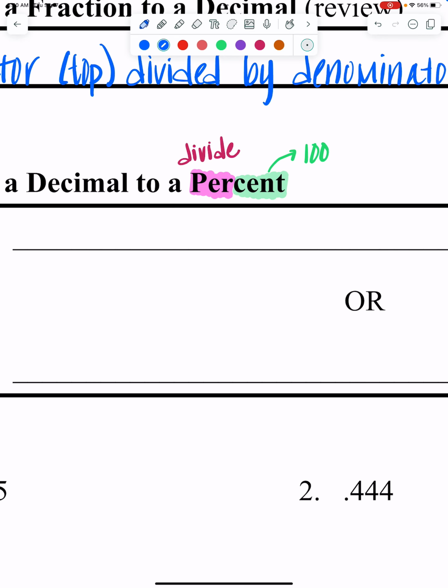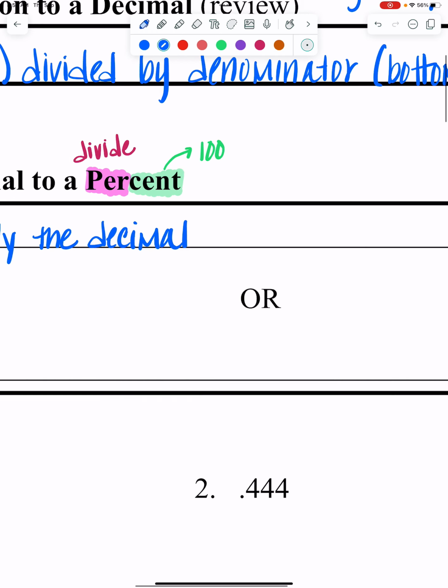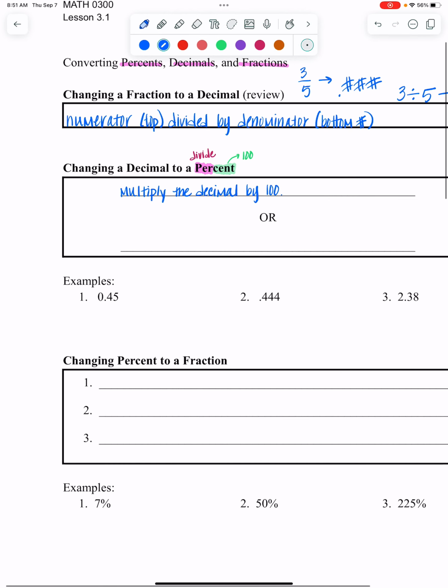Your first option is to multiply the decimal by 100.